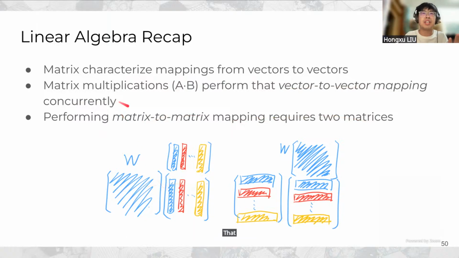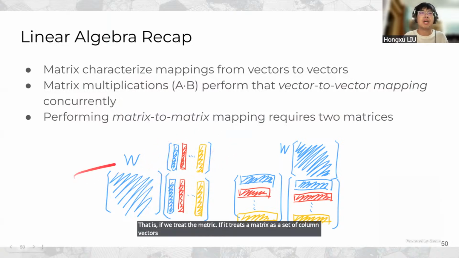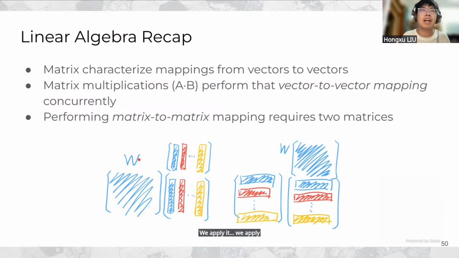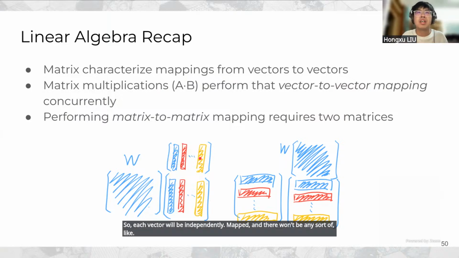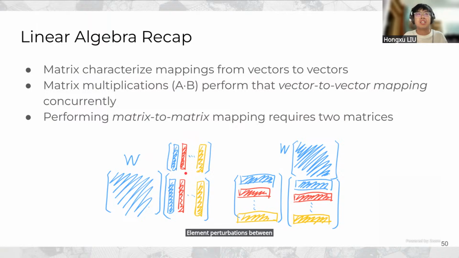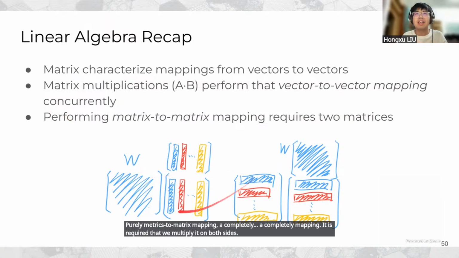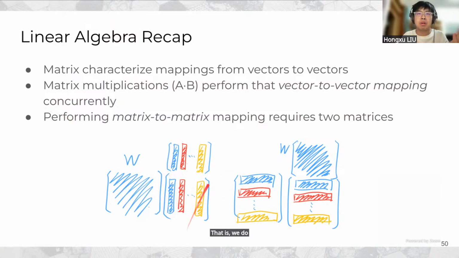If we treat the matrix as a set of column vectors and apply matrix multiplication on the left side, each vector will be independently mapped, and there won't be any perturbations between the elements of these vectors. If we want to perform a complete matrix-to-matrix mapping, we need to multiply on both sides. That is, we do the column-wise perturbations and we also do the row-wise perturbations.